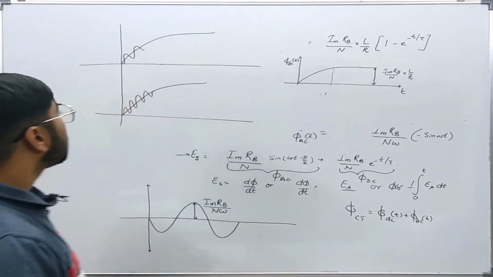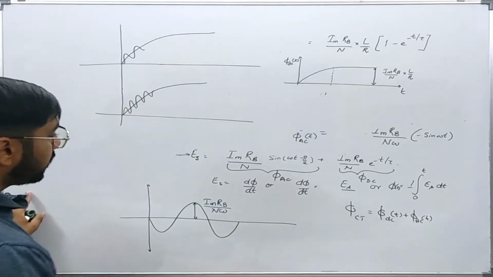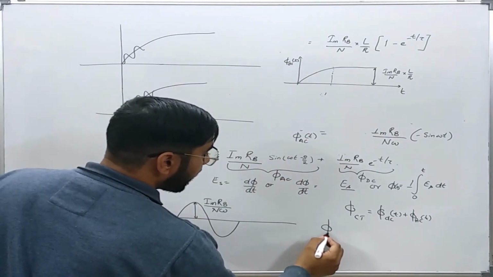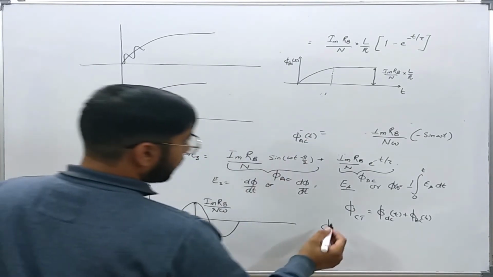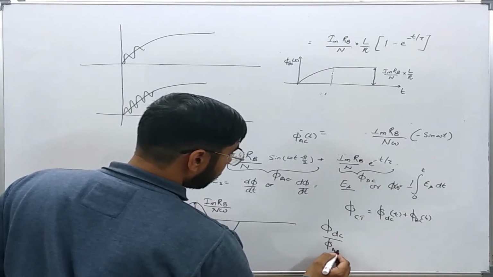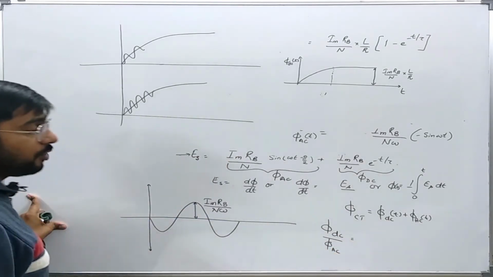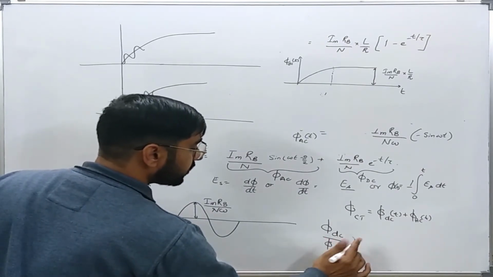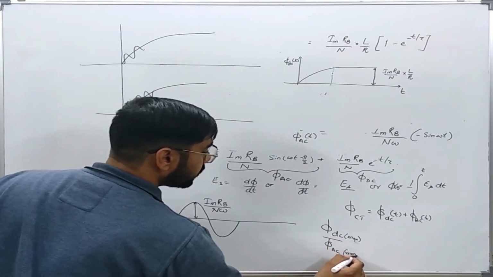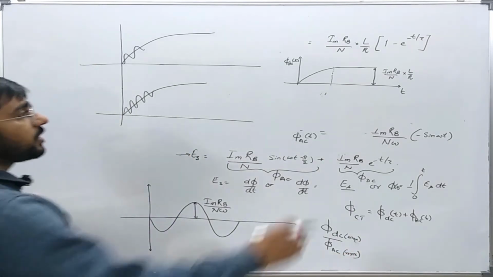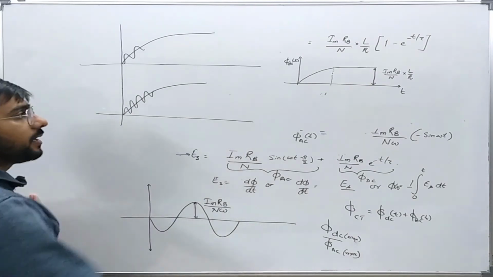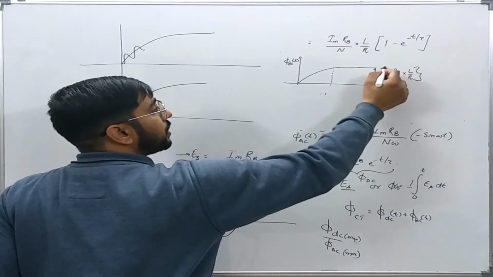Now you see that if I want to take the ratio of phi DC over phi AC, the maximum value part, phi DC max over phi AC max. Instead of infinity, after 4 to 5 time constants I can write it equivalent to this only.